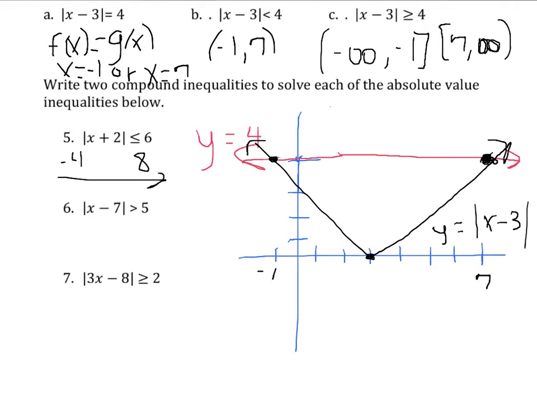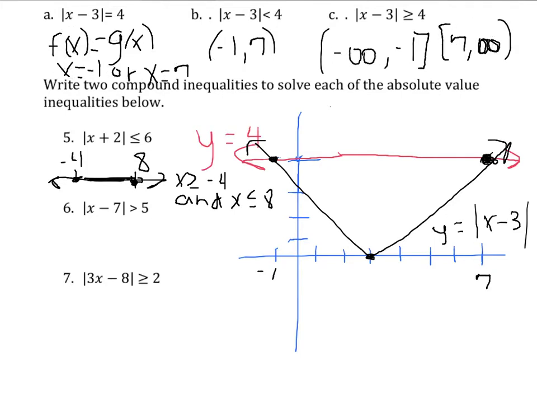On a number line, equal to would be at those numbers, closed circles, and less than is all those numbers in between. If I write that as a compound inequality, it's x is greater than or equal to -8, and it's going to be an and statement, x is less than or equal to 4.